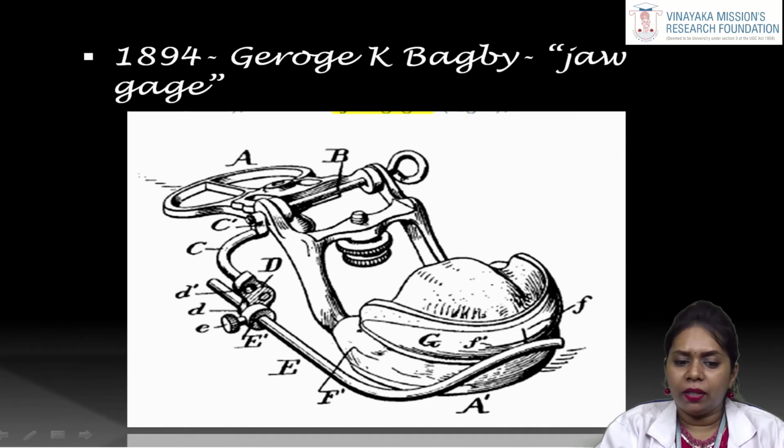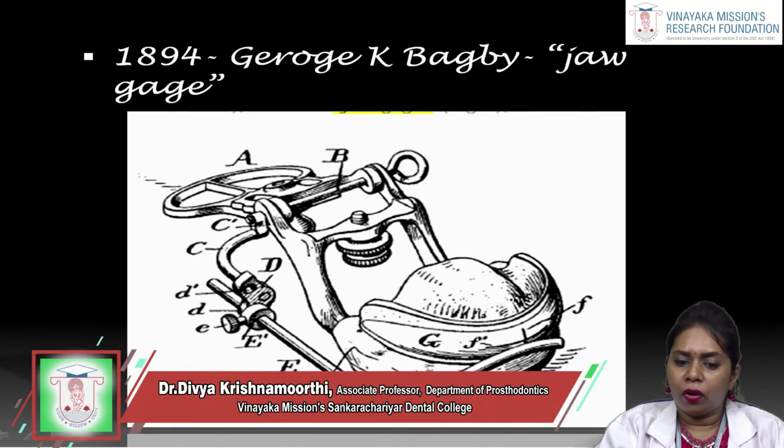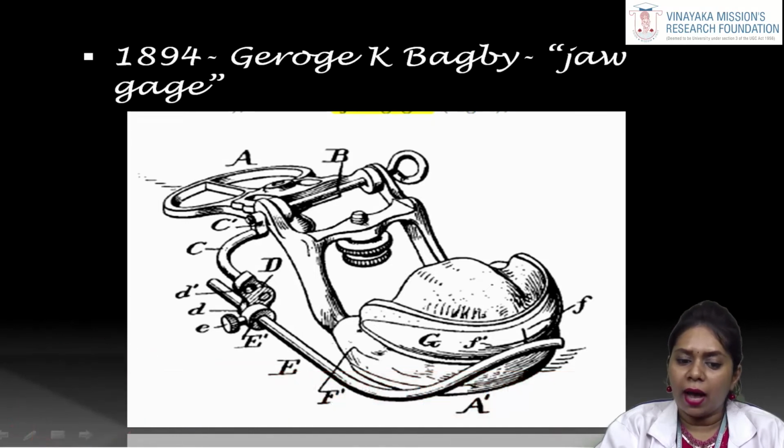Bagby identified one of the cheeks of the condyle as the posterior reference point. He also mentioned the alveolar border of the symphysis, or the midline of the wax occlusal rim, to be used as the anterior reference point for the jaw gauge that he had produced and patented.